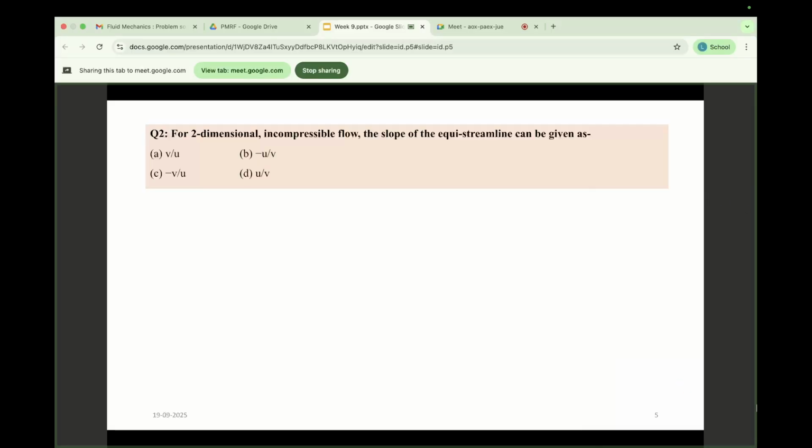See, in case of fluid, we know that for any 2D flow field, the velocity V is a function of small u and v, where u is the velocity component in the x direction and v is in the y direction.